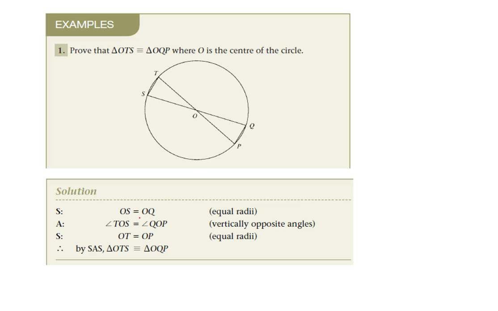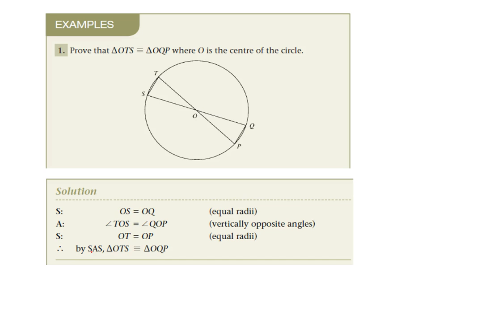You have to give reasons and bracket them next to it. Equal radii, vertically opposite angles, equal radii. And then the final thing is to do a concluding statement.